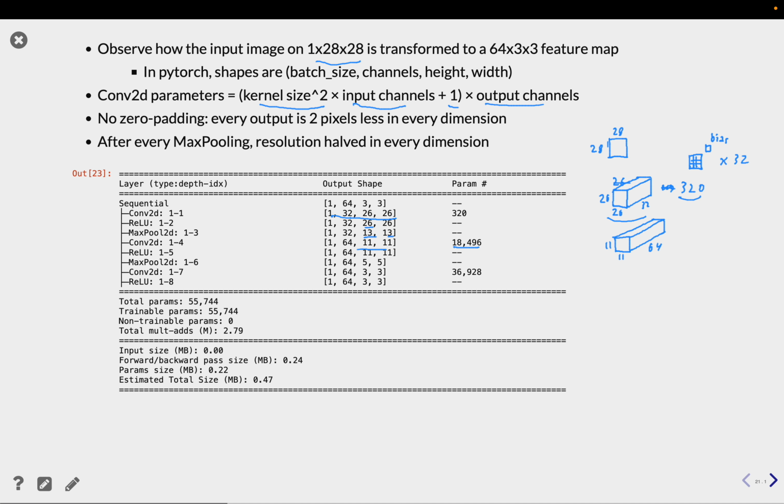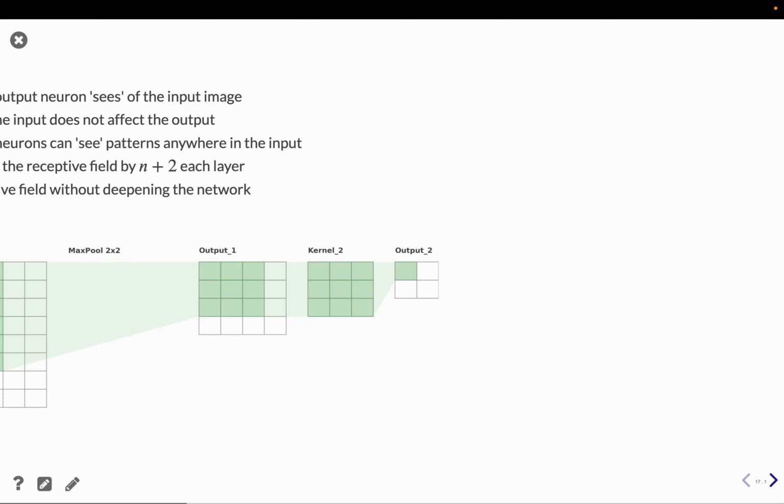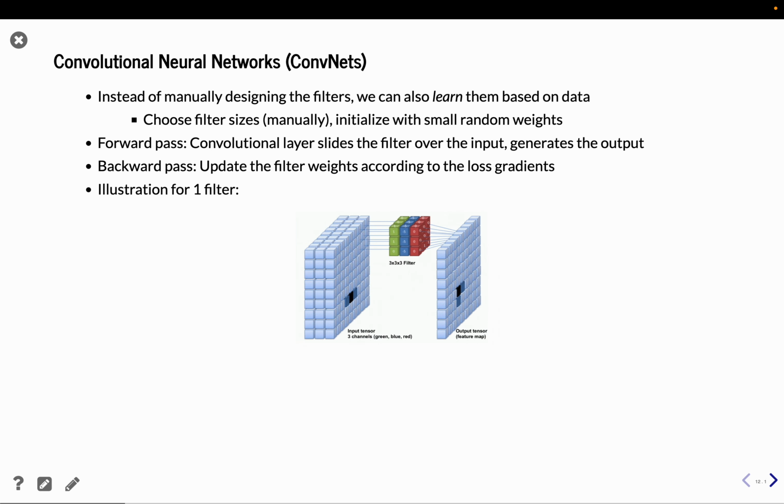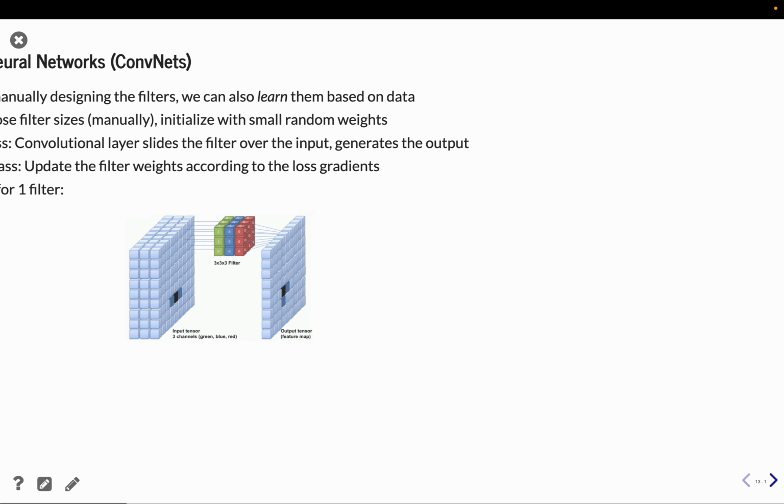So I had a 3 by 3 kernel size, it's 9 times number of input channels, 32. Remember that my kernel always has to match the number of input channels, right? So if I have 32 input channels, my kernel also has to be 32 input channels deep.